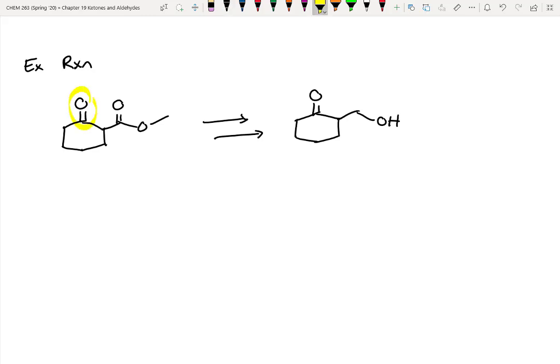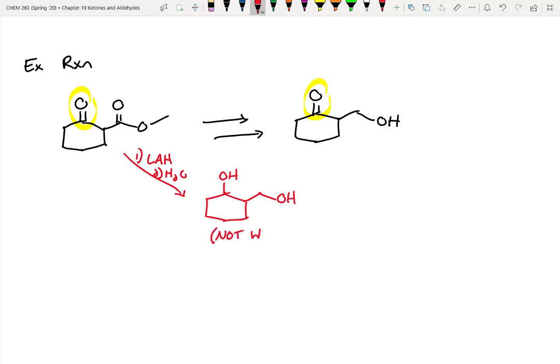When I look at this, I realize really quickly I've got a ketone there. And if I tried to treat this with LAH to reduce that ester, followed by water, the ketone would actually be more reactive than the ester. So we would end up with an alcohol here and an alcohol here. This is not wanted. So the question is, how can we get around this problem where LAH would reduce both the ketone and the ester?